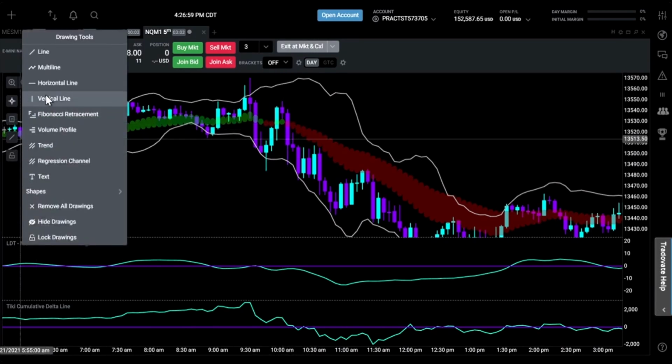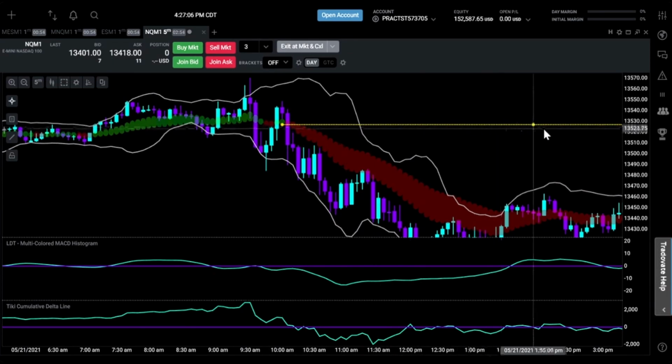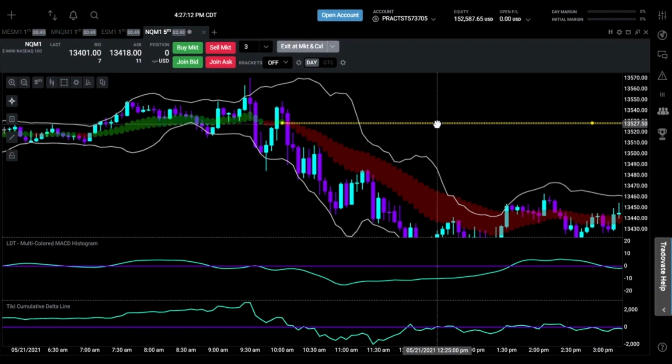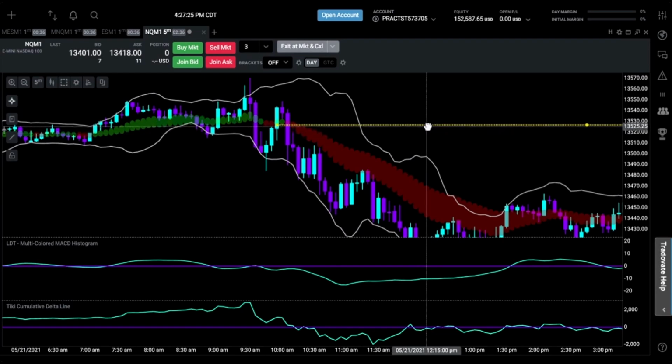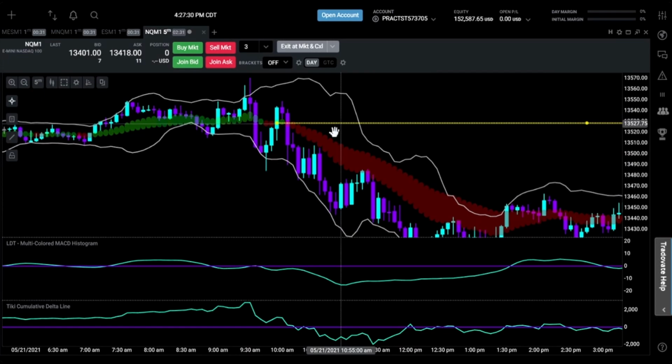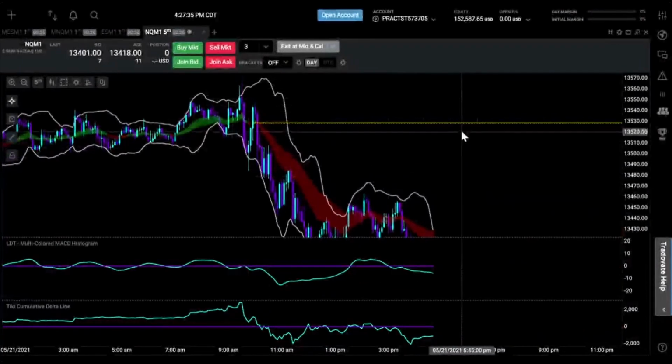So if you were setting a line, a horizontal line right here, I think that's where it is. There you go. That's how you do it on Tradovate with a cloud. There's your untested level.